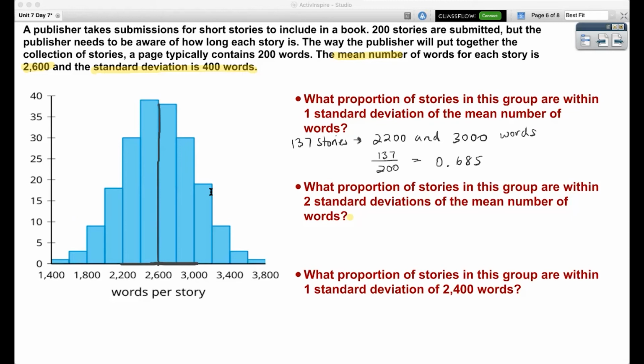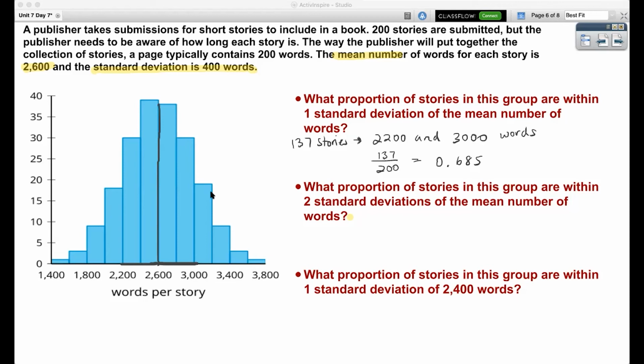All right, for the next question, now it's asking about 2 standard deviations. So I'm now going to look at the interval from the value of the mean, which is still 2,600, plus or minus 2 times the standard deviation. My standard deviation is 400.